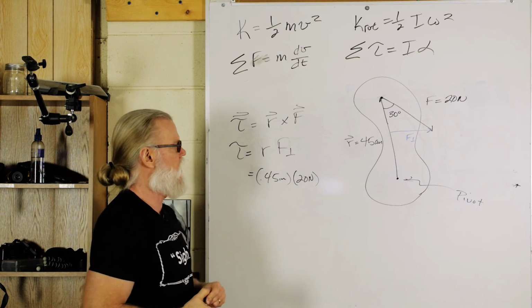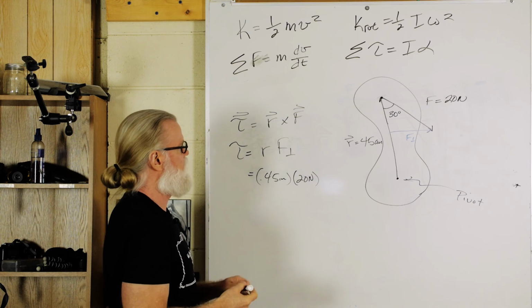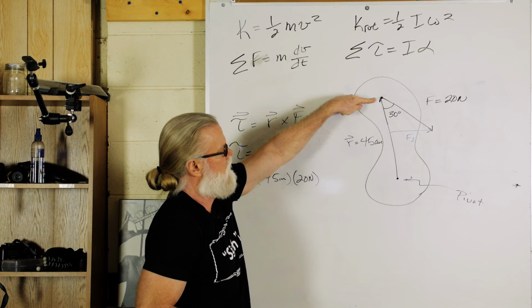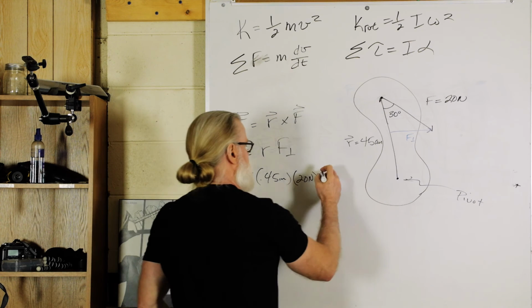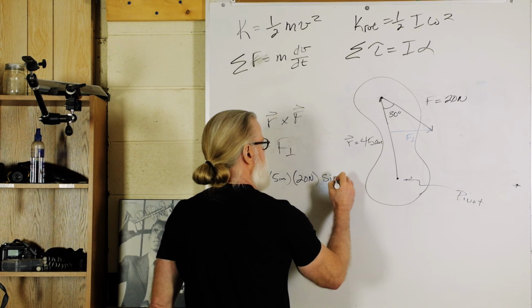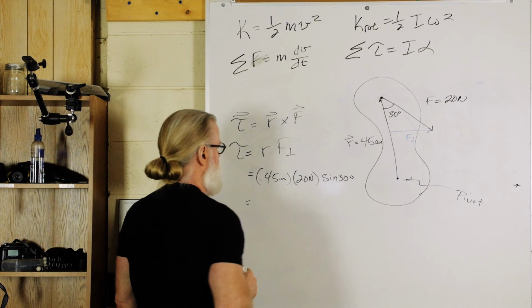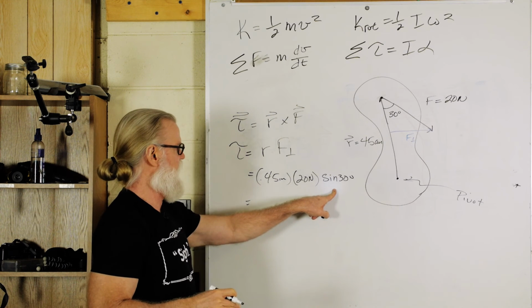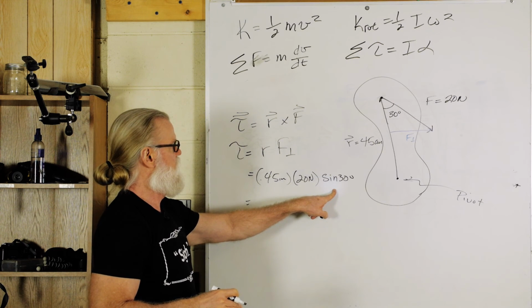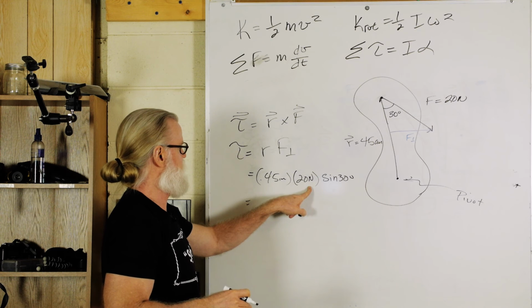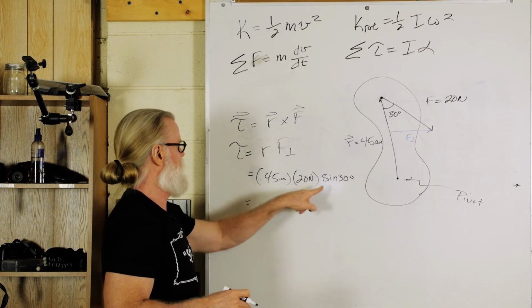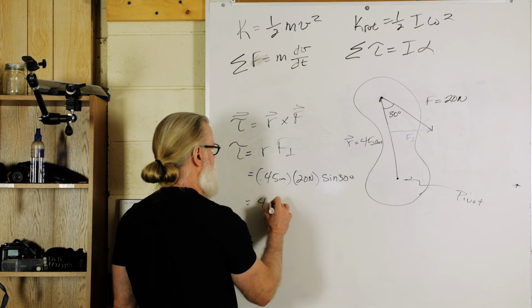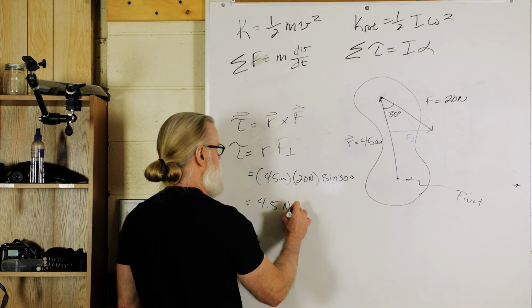What is that value? Well, from here, it is F sine of 30 degrees. So I guess that's 0.5 times 20, so that's 10. So I guess that would be 4.5 newton meters.